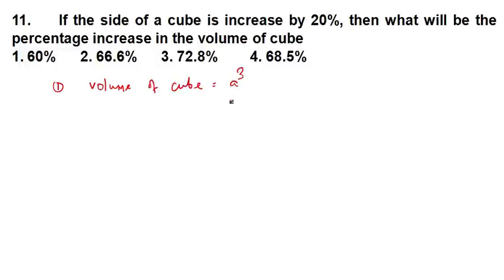Here it is written that side of cube is increased by 20%. 20% means 1 by 5. Fine. So a and a cube, this is side of cube and this is volume of cube.